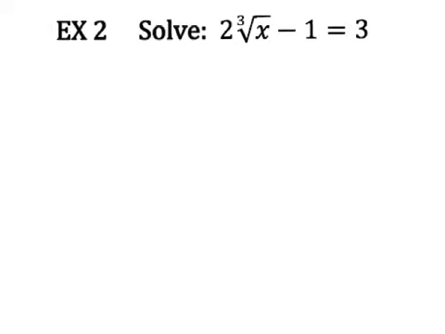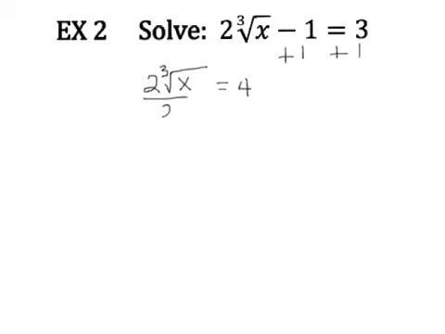Okay, example 2. We have a cube root, so that means we'll have to cube to get the x out from under the radical, but our radical is not isolated, and it needs to be isolated, and we're going to start with that by adding 1 to both sides. Alright, so our radical is still not isolated because it has a 2 multiplied by it.